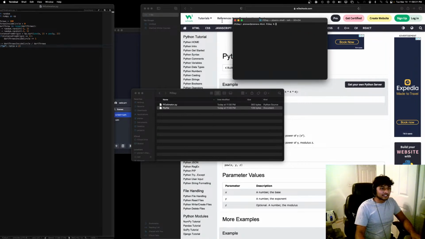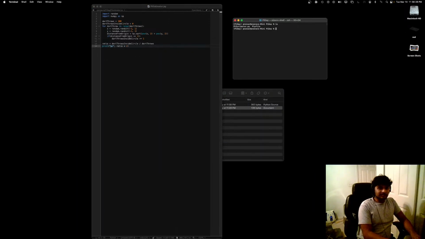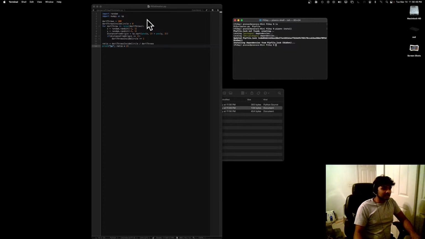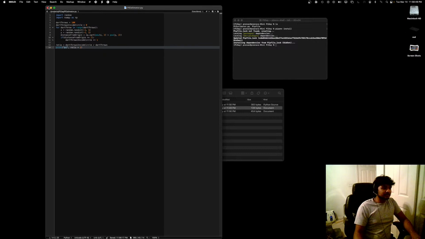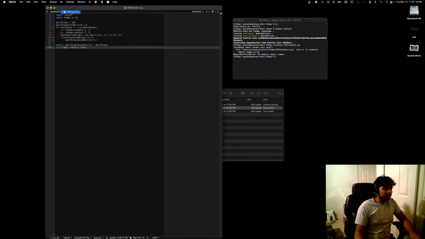Okay, let's clean this up a little. We're in our pipenv shell, pipenv install. Wait, I need to edit the Pipfile.